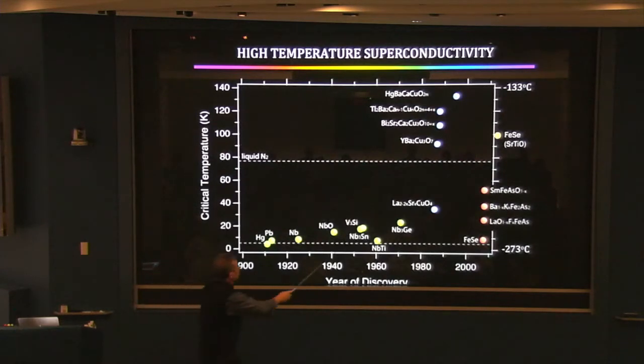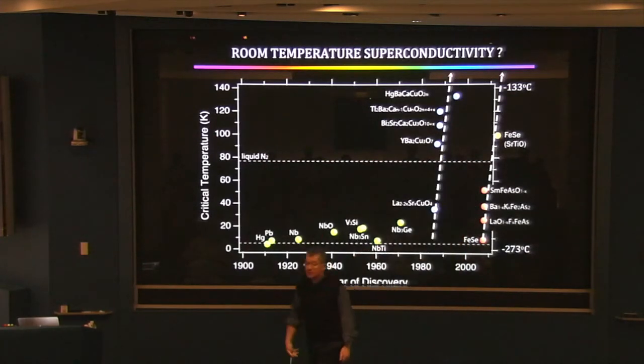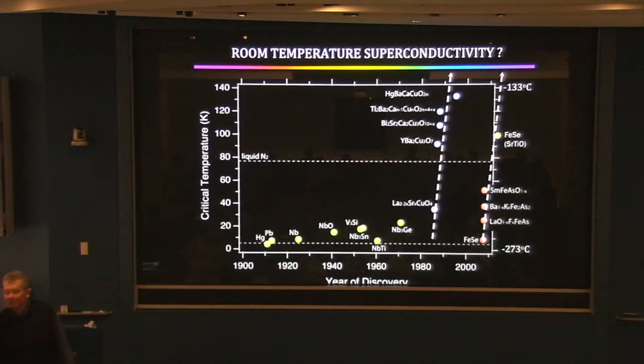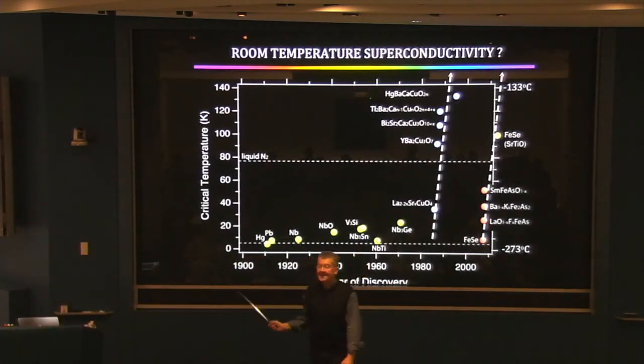And these are the critical temperatures of various copper-based compounds, and these are the critical temperatures of various iron-based compounds. So you can extrapolate those lines. It's a useful thing to do in a proposal, and say that room temperature superconductivity is somewhere around the corner. I believe it is.